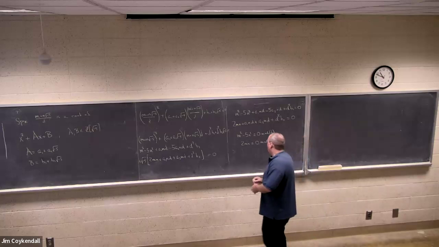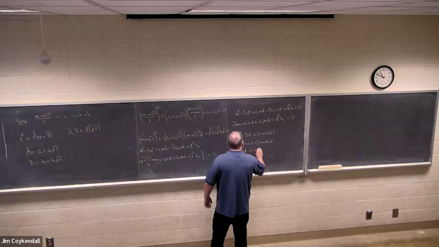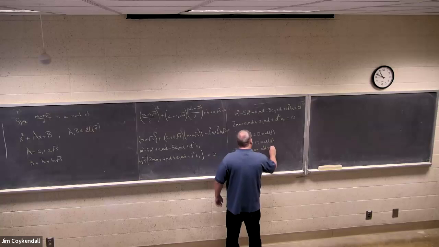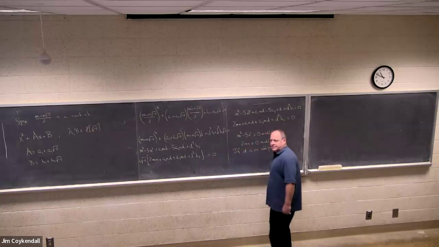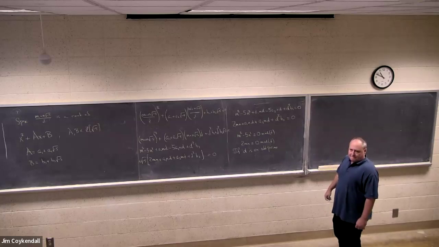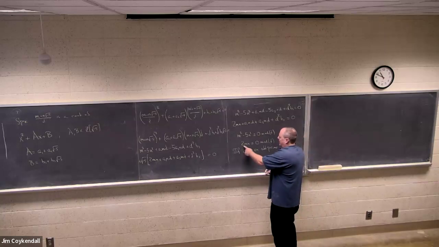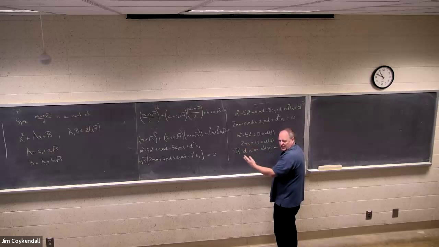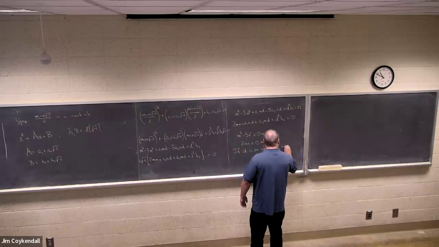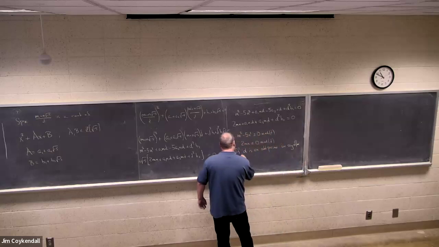Let's look at this system of equations. If D is an odd prime, what happens? If D is an odd prime, then it's got to divide 2mn, right? But it can't divide 2 because it's odd. So it has to divide at least one of those. So we say D divides m without loss of generality.